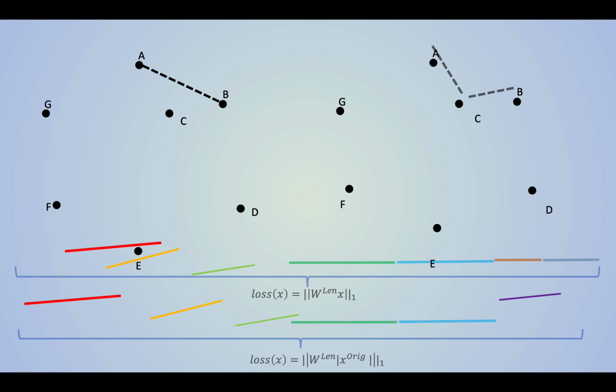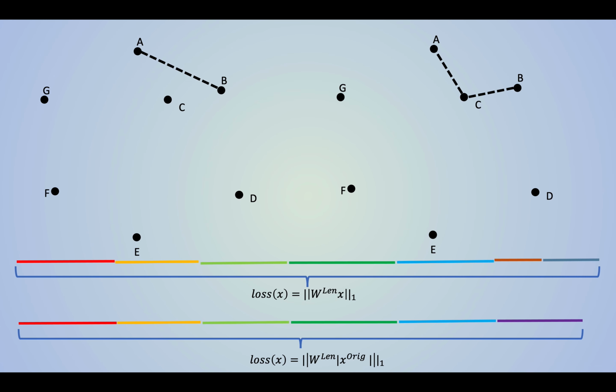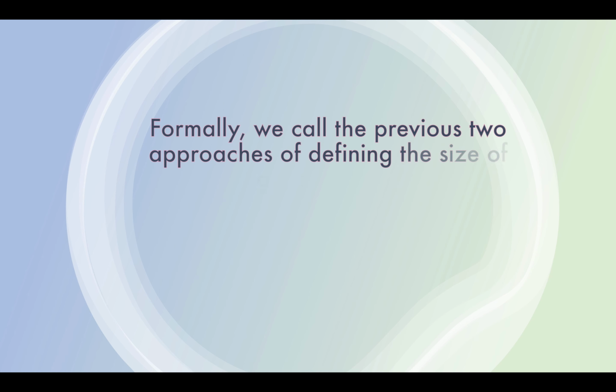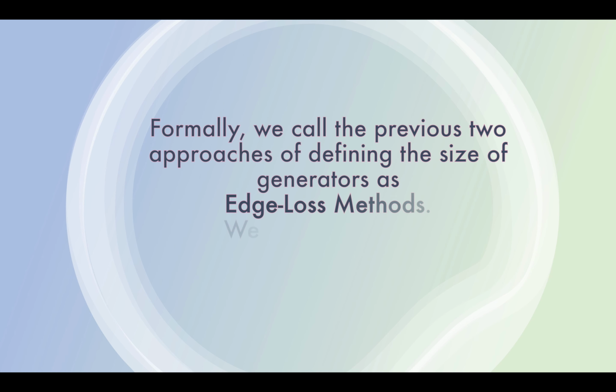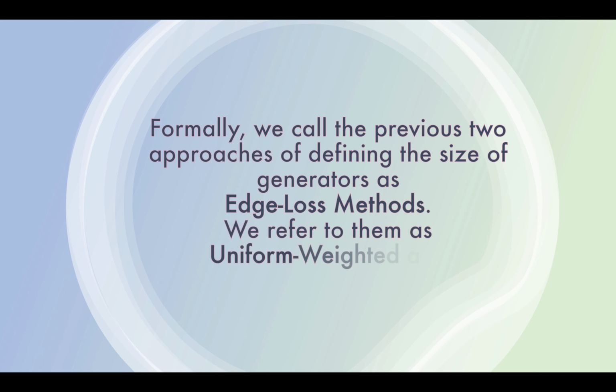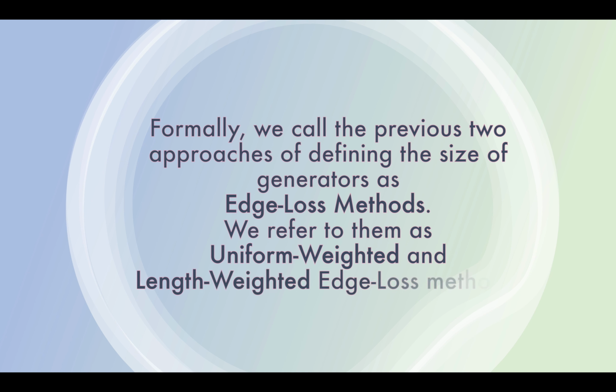As we can see, the optimized cycle representative has a shorter total length than the original cycle representative. Formally, we call the previous two approaches of defining the size of generators edge loss methods. We refer to them as uniform-weighted and length-weighted edge loss methods, respectively.